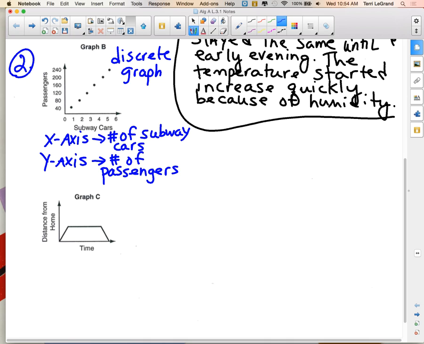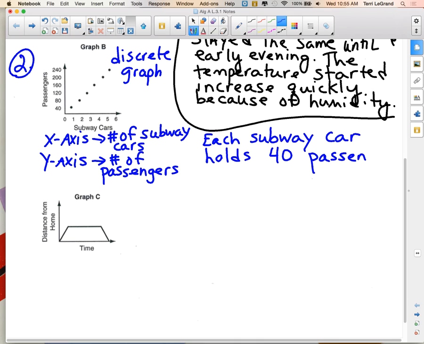Each subway car holds 40 passengers. Because we don't really know if they're full or not, we just know that apparently you can put 40 passengers on a car.